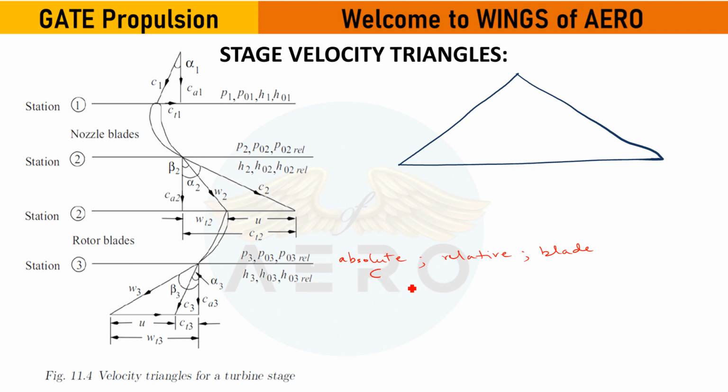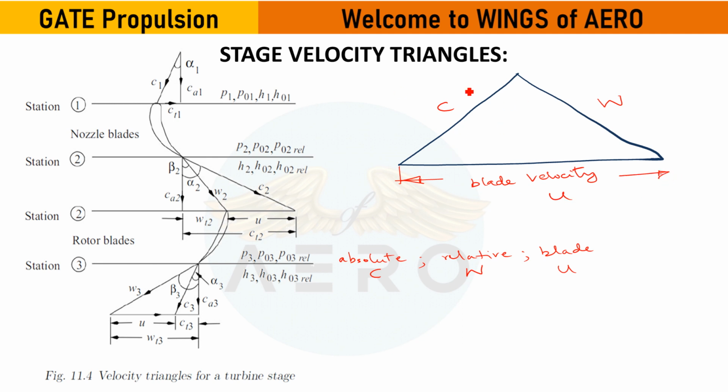Absolute is denoted by C. When we are discussing the relative velocity, we define W, and blade speed as U. So they are just combinations of these. Suppose this is C and this is W. C means absolute, this is relative. They are always connected with another one, the blade velocity, which is U.